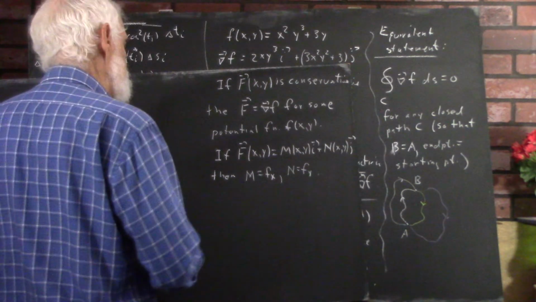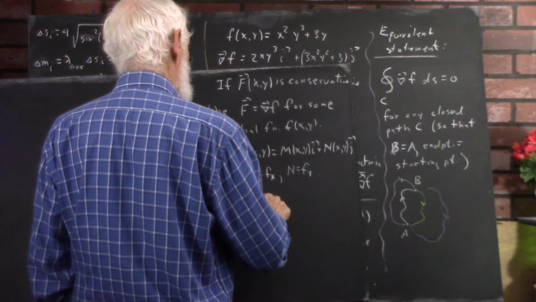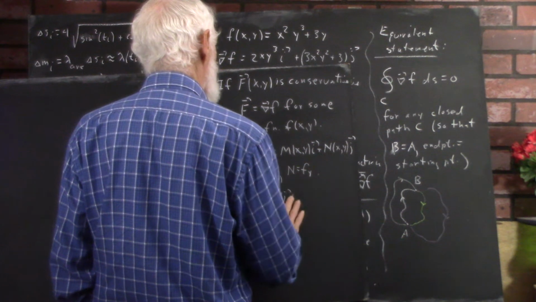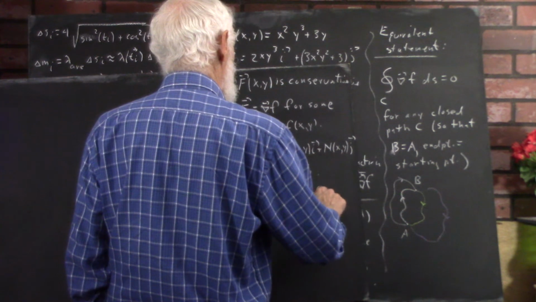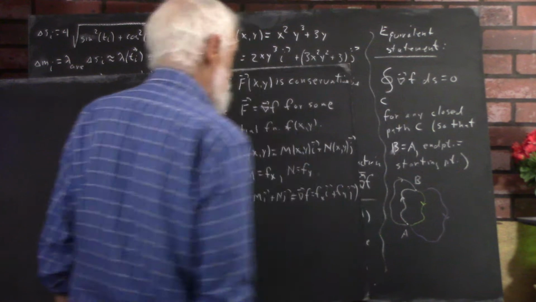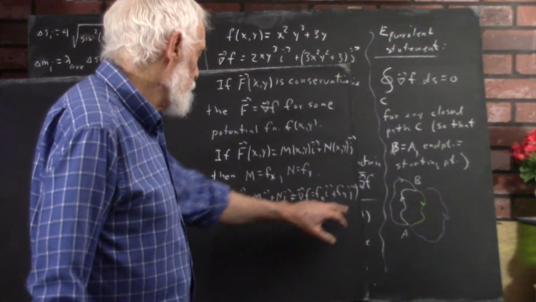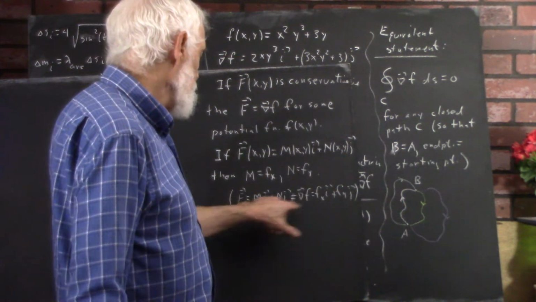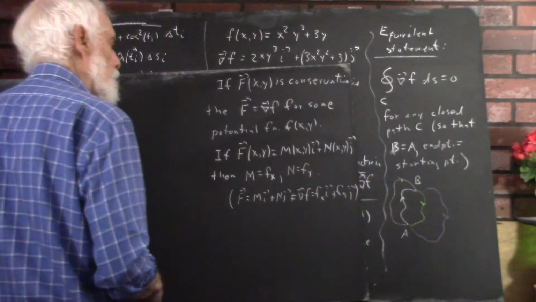Why is this? Because F equals M i plus N j equals del f, which is f_x i plus f_y j. The i components have to be equal, the j components have to be equal, so M and N have to be f_x and f_y. M has to equal f_x, N has to equal f_y.